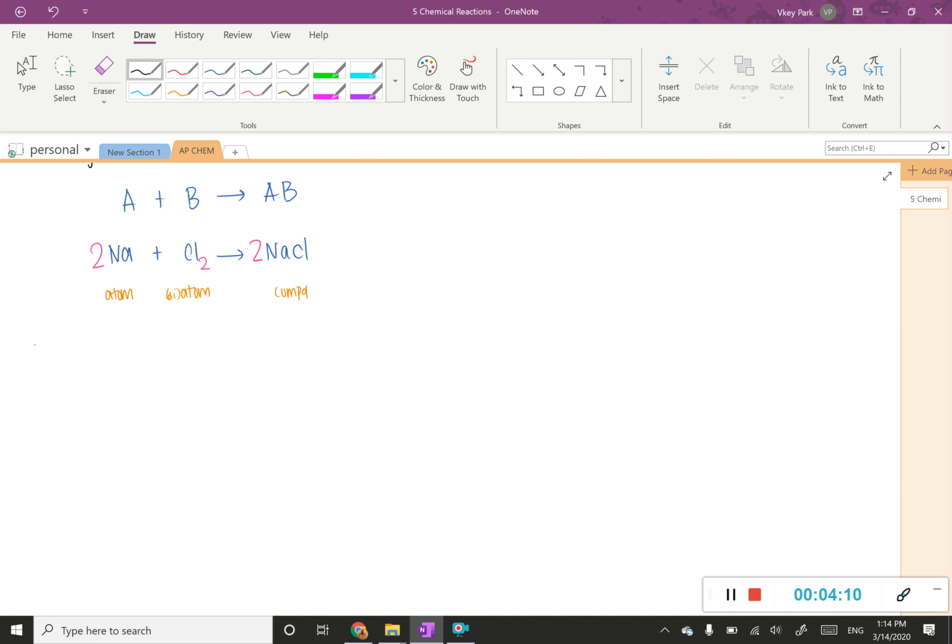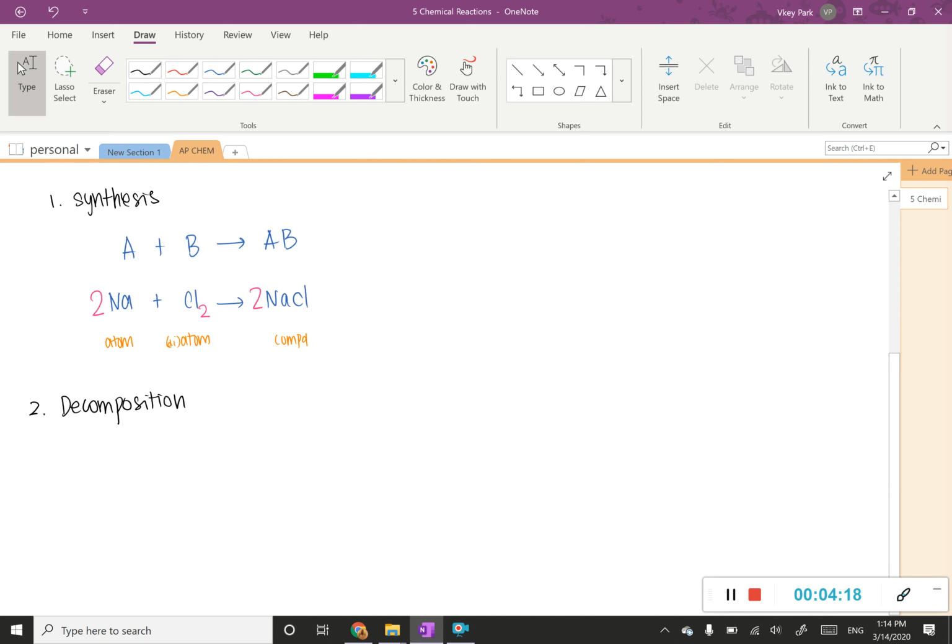Number 2 is going to be decomposition. Every time couples get together, unless they're married and committed to each other forever and ever, there's a chance that you can break up, right? That's what decomposition is.